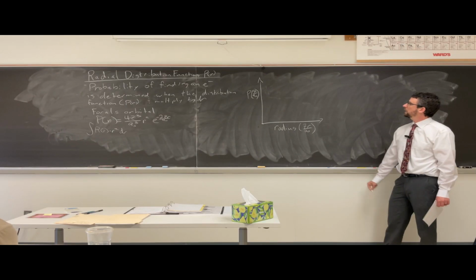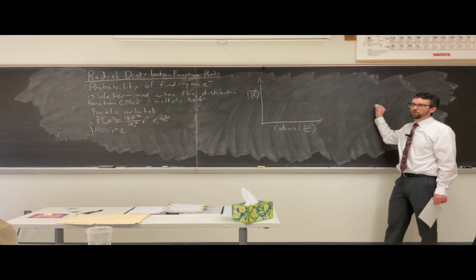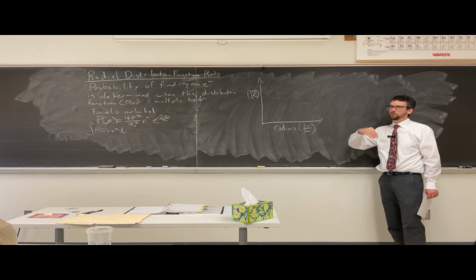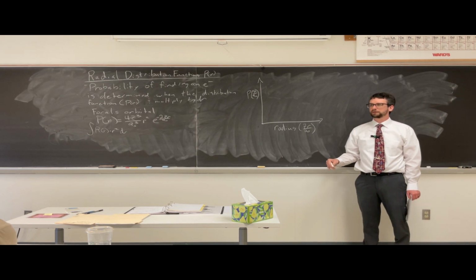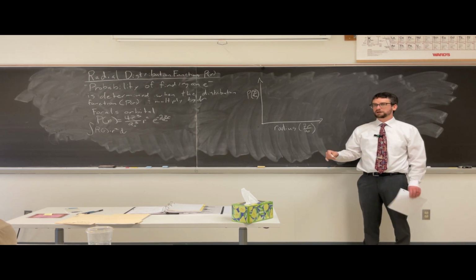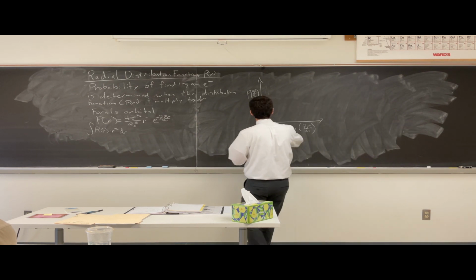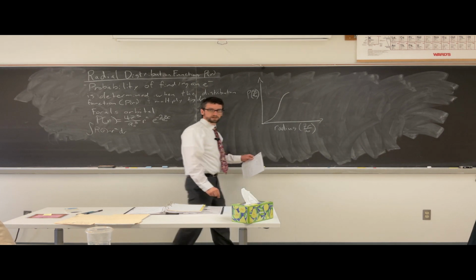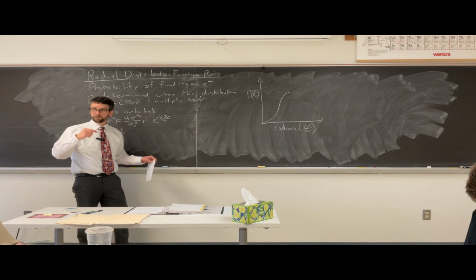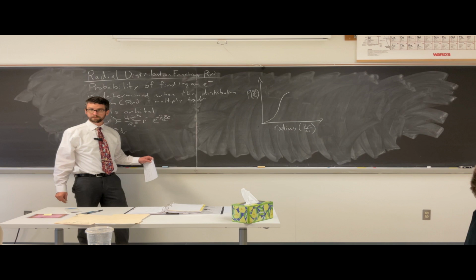What about as we go further away from the nucleus, what's going to happen to the probability of finding the electron? It's going to increase. It's going to go up. And then it's going to get to a maximum. And as we go further away, what's going to happen?